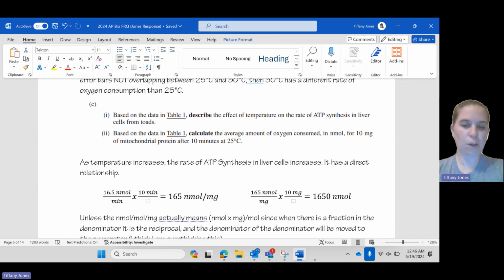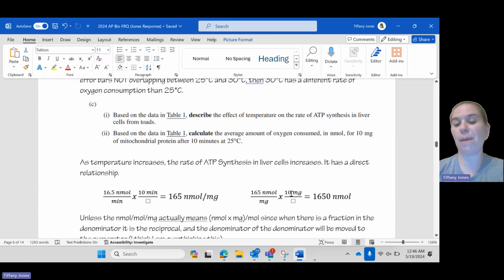So I've had a little mental block, I can't figure this out in terms of the math. I've always been taught that whenever you had a fraction in the denominator, you would flip the fraction and do the reciprocal of it. The answer I have here is what I originally was thinking, but I could also see it being a different answer. So I really don't know what the right answer is here. I've got 16.5 nanomoles per minute times 10 minutes, and that will get rid of the minutes in the denominator, leaving me with 165 nanomoles per milligram.